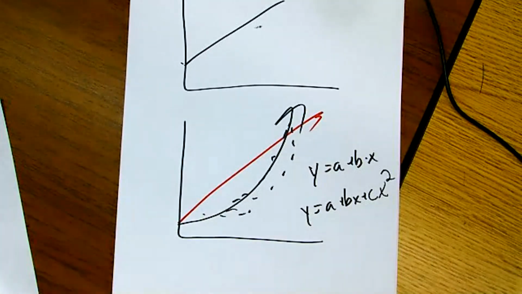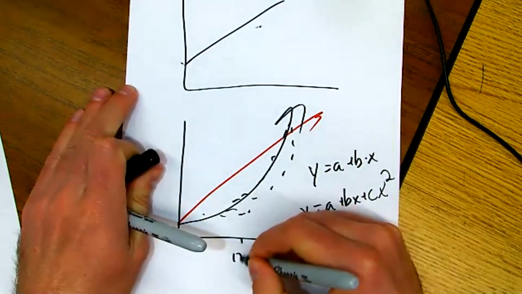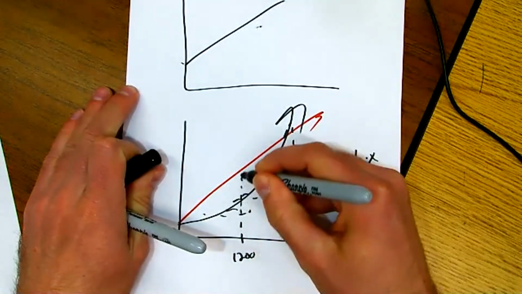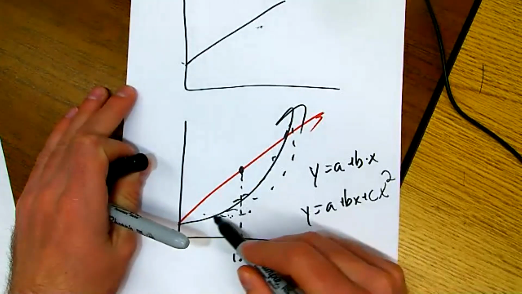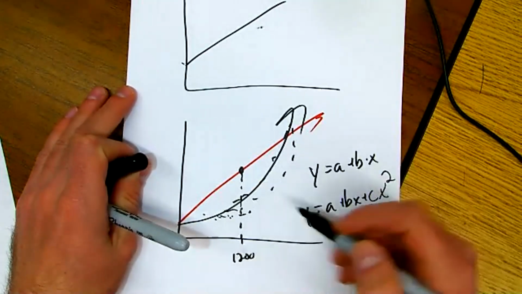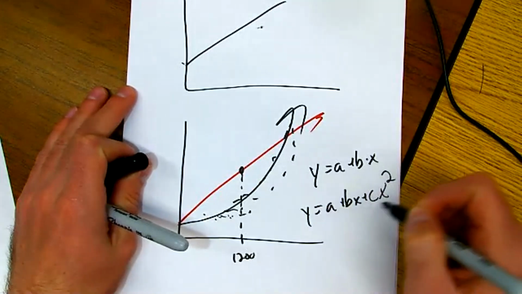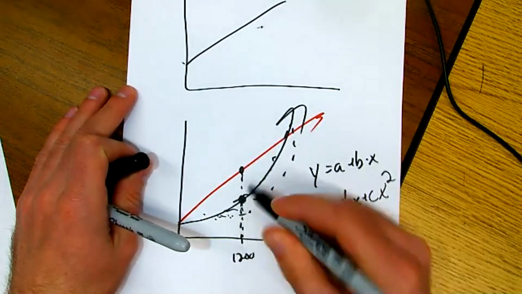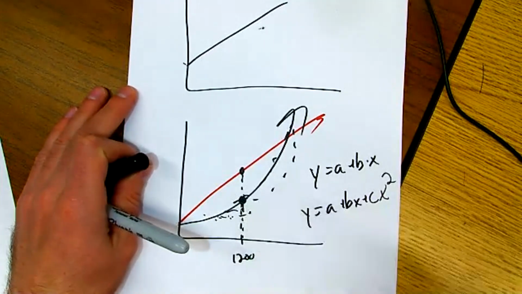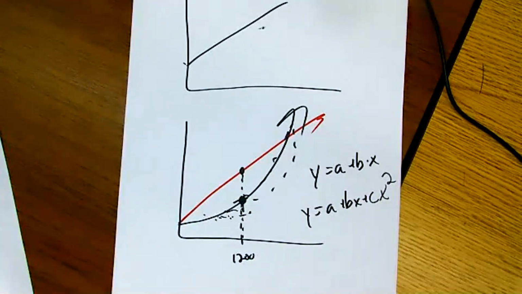Before, if you gave me an SAT score of 1200, my prediction was up here on this linear line. Now you can see, if I allow the line to curve, my prediction using the squared term can be a little bit closer to where the actual data points are.